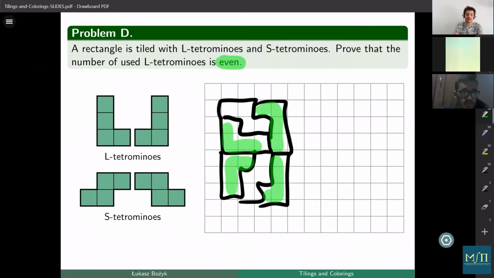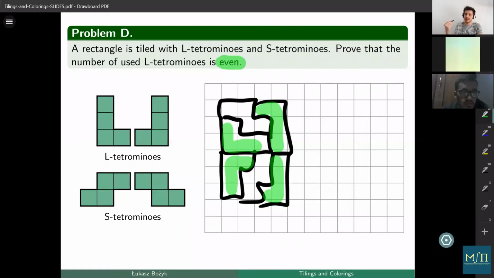And we claim something about tiles of one of the two kinds, about the parity of L tetrominoes. So maybe a good reasoning would be to try to distinguish the two tiles via some coloring, right?